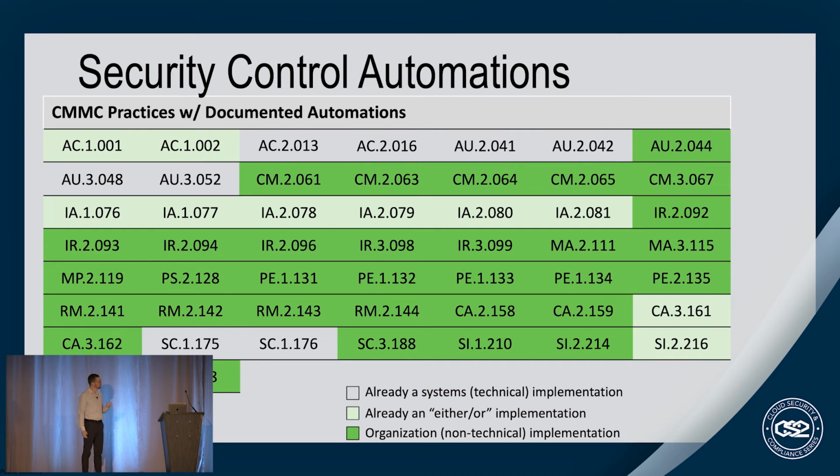But for the darker green practices, these were originally tagged as an organizational implementation to be put in place through non-technical means, which means if I can automate these more administrative processes, chances are I'm actually stripping cost and inefficiency out of the performance of the activities that make me compliant. So again, just a thought experiment.